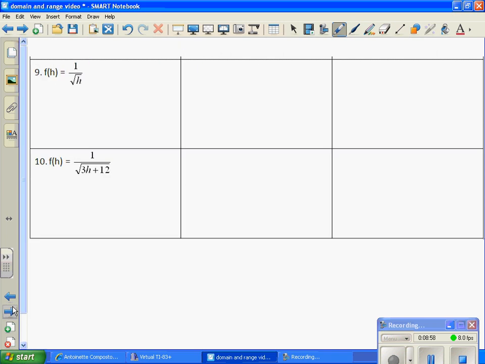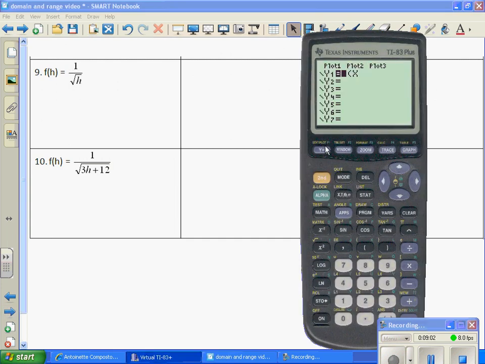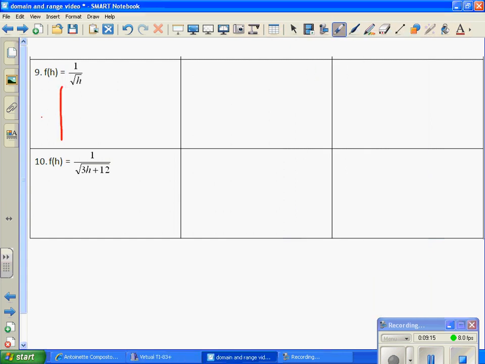Number 9, let's plug in our calculator. We're going to do 1 over radical x, sketch it. So now let's look at our domain graphically.